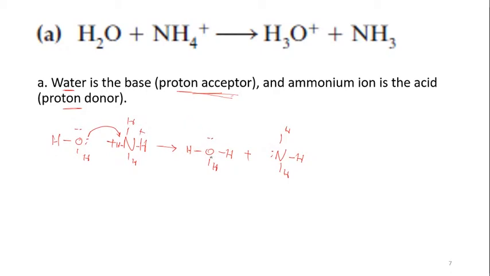But here 1, 2, 3, 4, 5. So I will write the extra one as a positive over the oxygen. So I moved the non-bonding electron to that side. This means this is my base, and this should be my acid. For that, I told you my base will form on the other side a conjugate acid, and my acid will form on the other side a conjugate base.